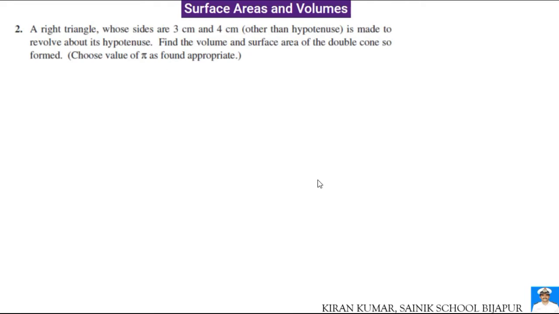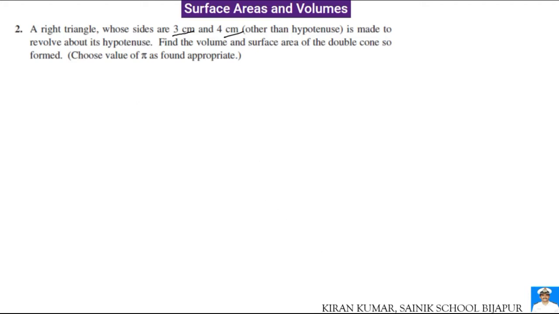Second question: a right triangle whose sides other than the hypotenuse are 3 cm and 4 cm is made to revolve about its hypotenuse. Find the volume and surface area of the double cone so formed.